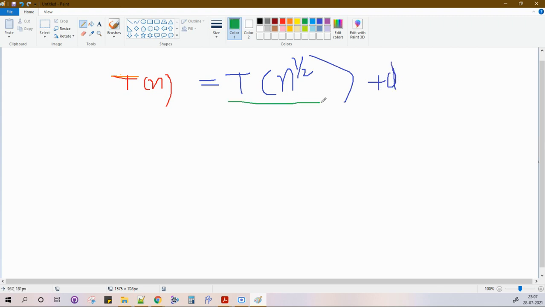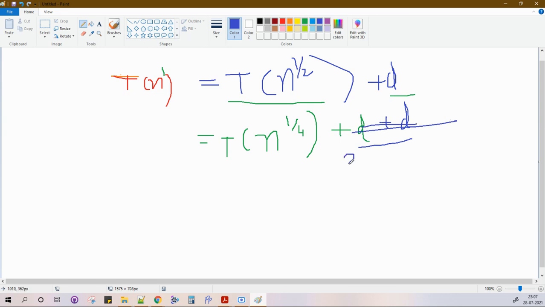Now I can write this as T of n to the power 1 by 4, since 1 by 2 is divided by 2 again, plus d, because d is constant, and I also have plus d from here. So this plus d and plus d would be 2d. This is the second call.